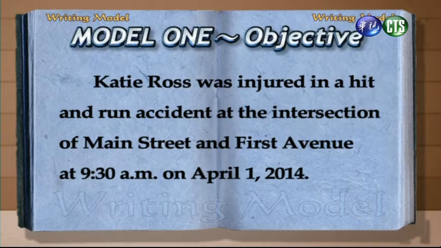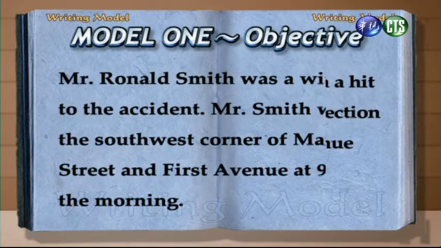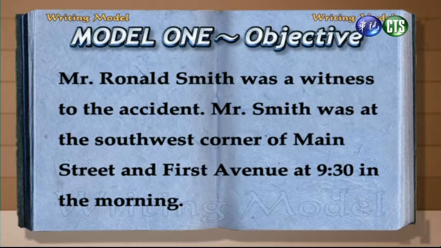Katie Ross was injured in a hit-and-run accident at the intersection of Main Street and First Avenue at 9:30 a.m. on April 1st, 2014. Mr. Ronald Smith was a witness to the accident.